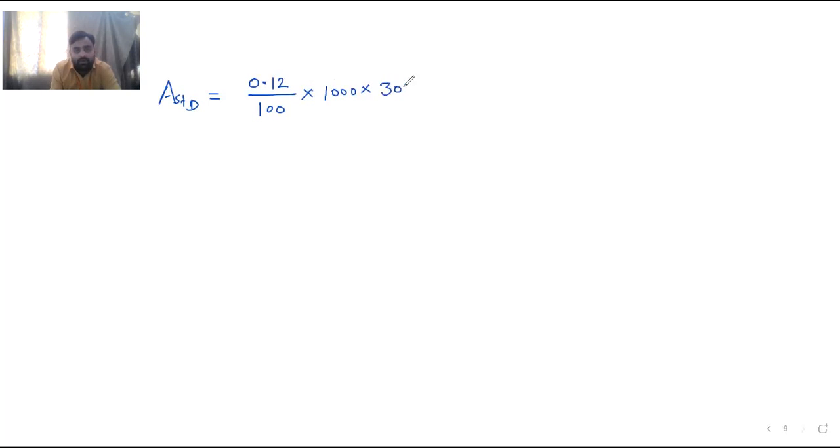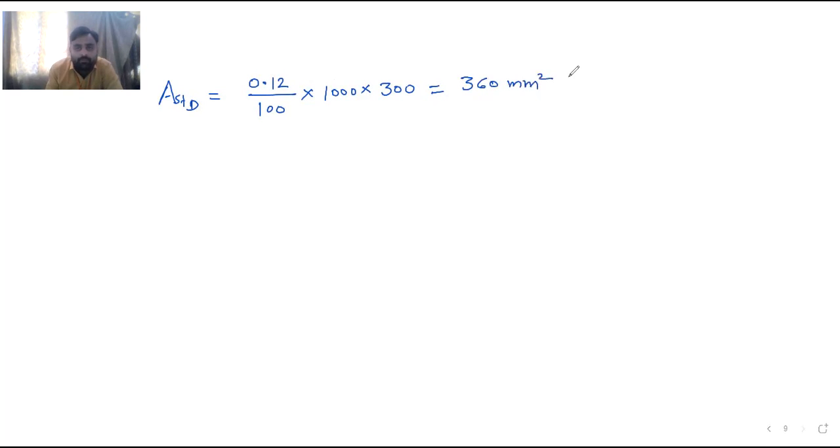So it is 300. 260 is the effective depth, 300 is the overall depth. So what is the answer? 360.